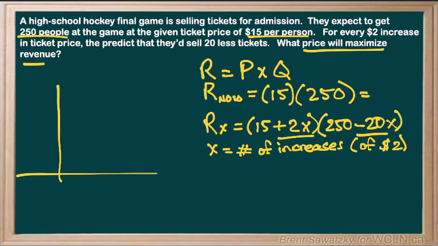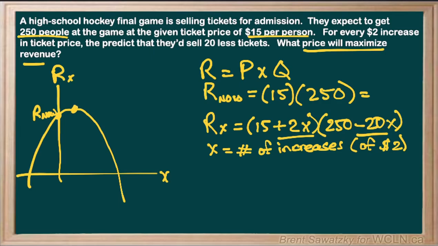Showing our work means doing a quick sketch of what we saw in Desmos. It doesn't have to be perfect, but it should show what's going on here. The number of increases is X, and our revenue is Y. If we have no increases, we're staying exactly where we are right now, so that's the y-intercept.